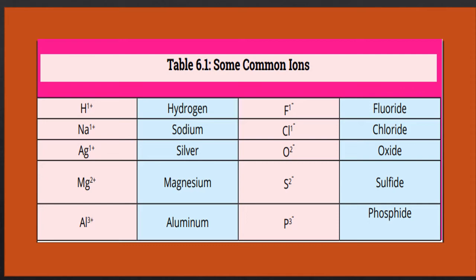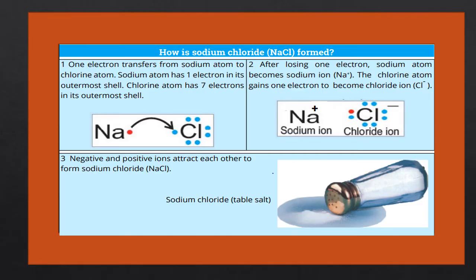Sulfide also gains 2 electrons and becomes a negative ion or anion. Phosphide gains 3 electrons. In a similar way, they become anions. So by the gaining of electrons, atoms gain negative charge, and by the losing of electrons, atoms gain positive charge and become cations.